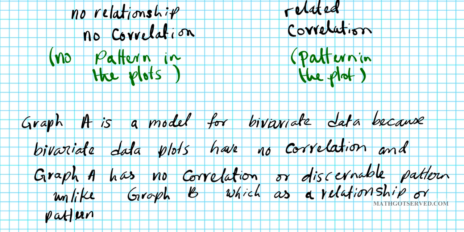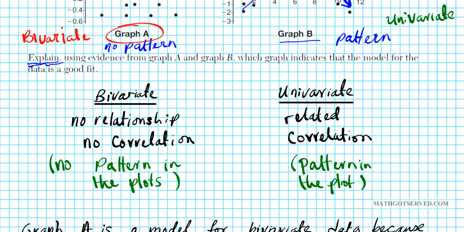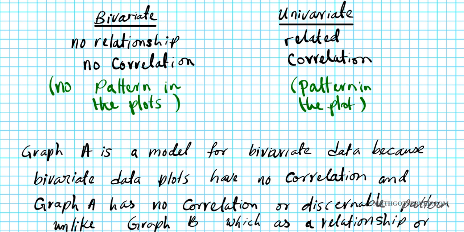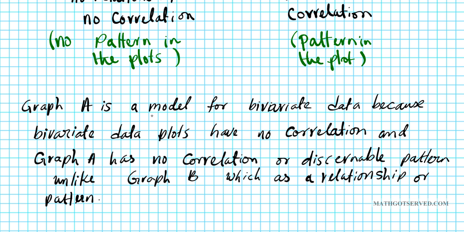Because we talked about that earlier. If you look at the graph, for graph B, the pattern is it increases and then starts to decrease as a pattern, whereas graph A is just scattered all over the place. There's no discernible pattern or correlation there, okay? So this is the explanation as to why graph A is the model for a bivariate data set.